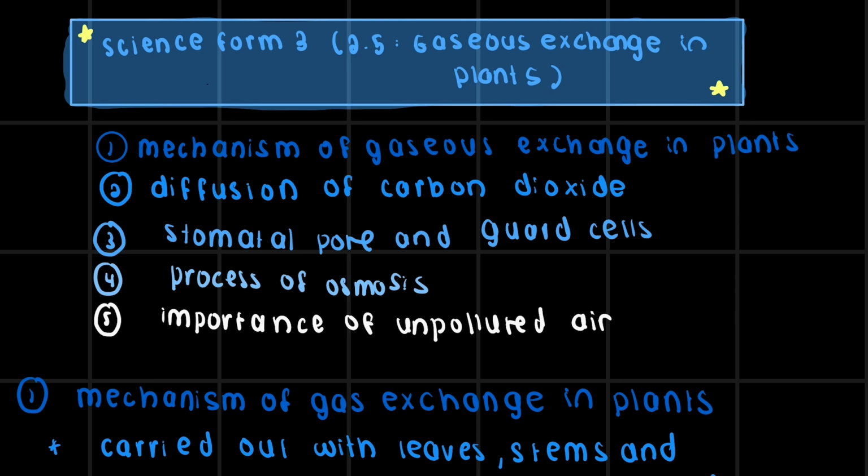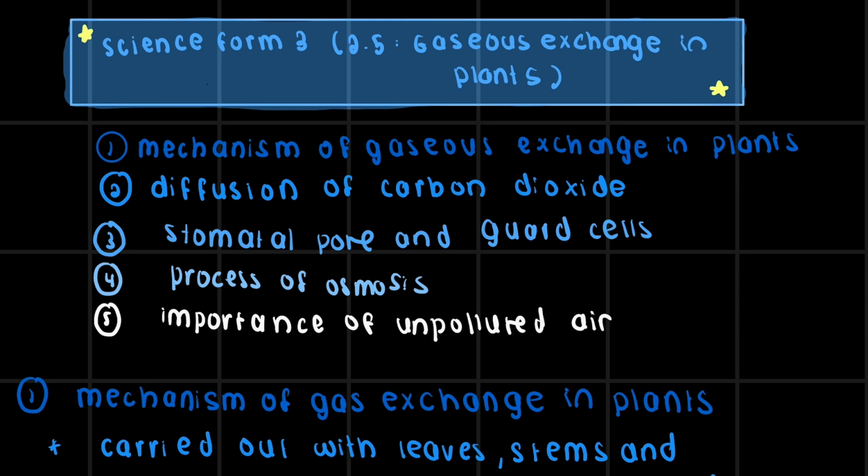And number 4 is the process of osmosis, where we will look at the concentration of water molecules across a semi-permeable membrane. For the process of osmosis, we will also learn how it happens in guard cells and how it influences the shape of the guard cell.